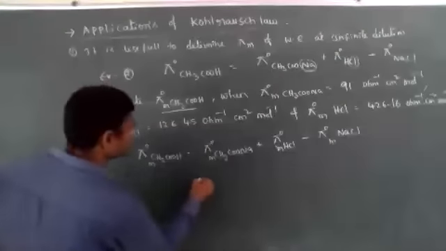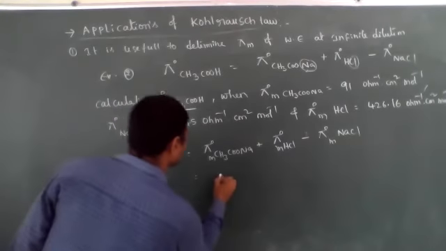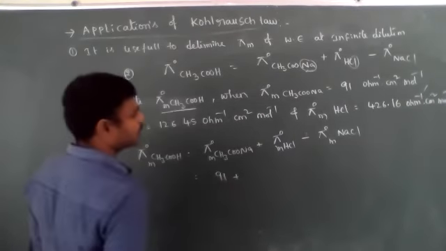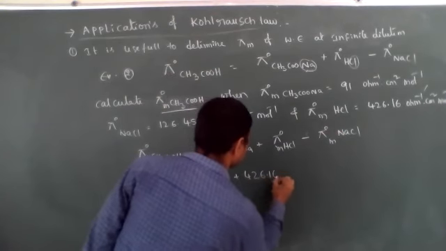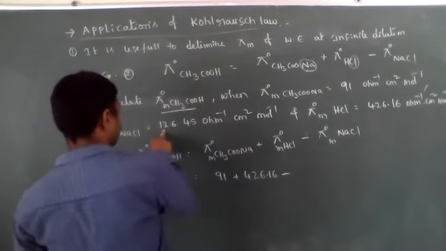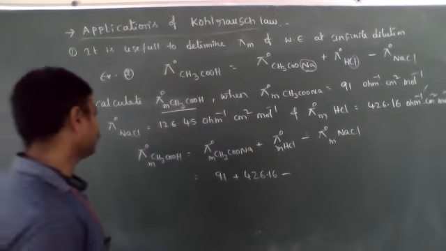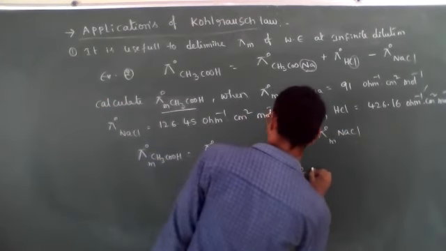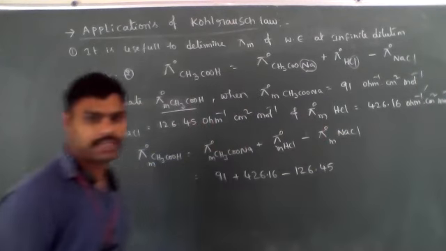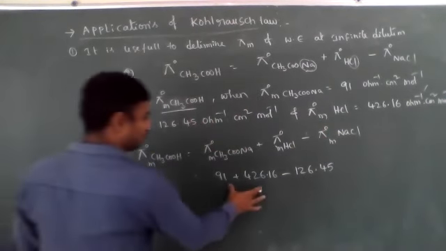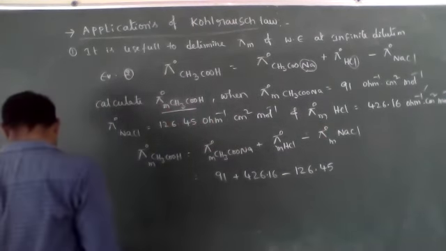Sodium acetate value they given in the question is 91, plus HCl 426.16, minus NaCl value 126.45. Just add both and subtract 126.45.